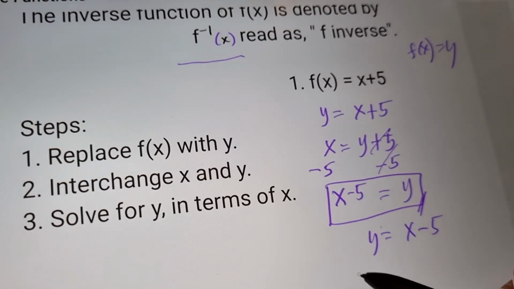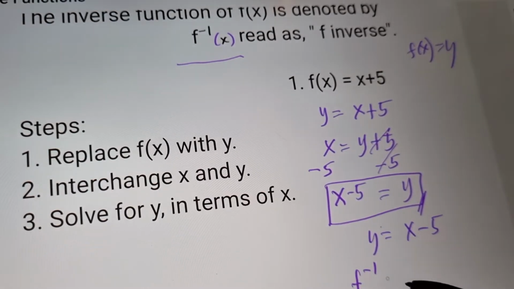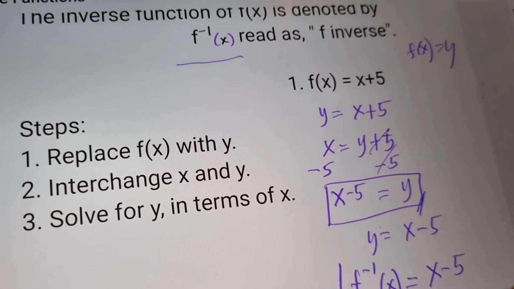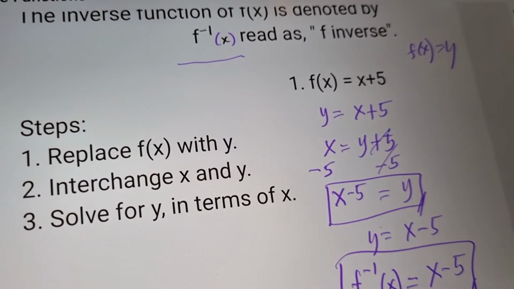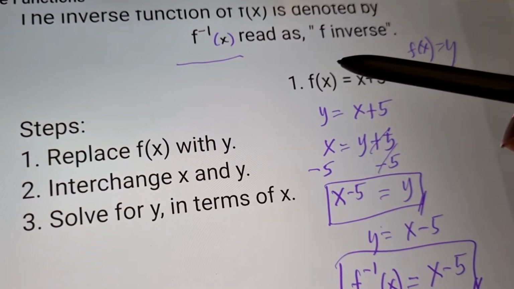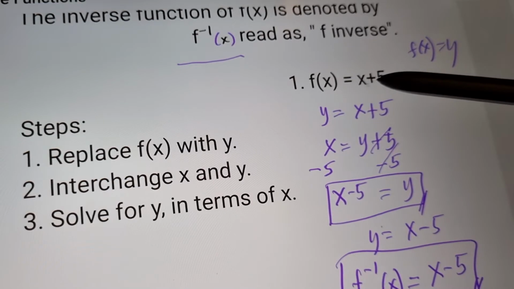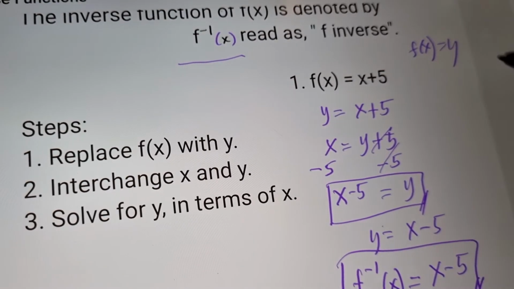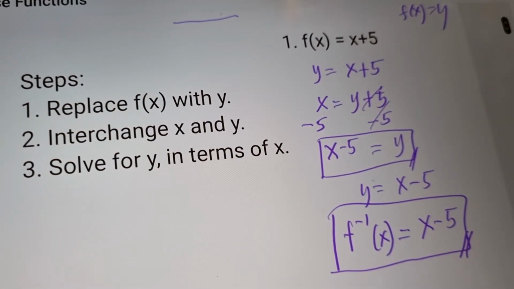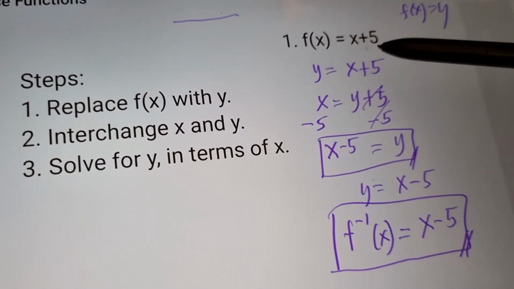Then just change this to inverse, so that is f inverse of x is equal to x minus 5. So it means that the inverse function of f of x is equal to x plus 5 is x minus 5.